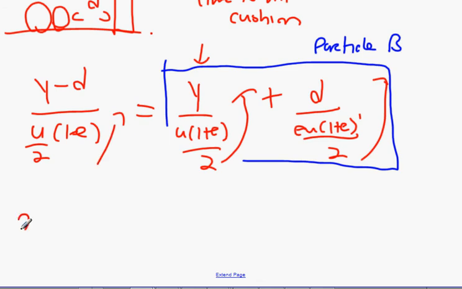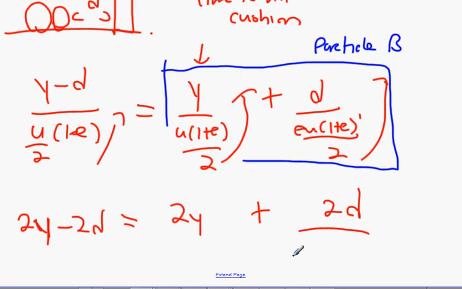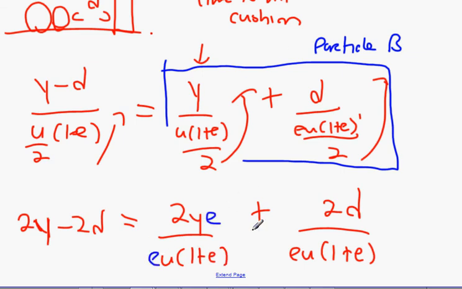So we're going to get 2y minus 2d equals 2y plus 2d all over eu 1 plus e. This one here is u 1 plus e. Now what I was thinking is if I added e here and an e here, these now have the same denominator. And now I have u into 1 minus e.